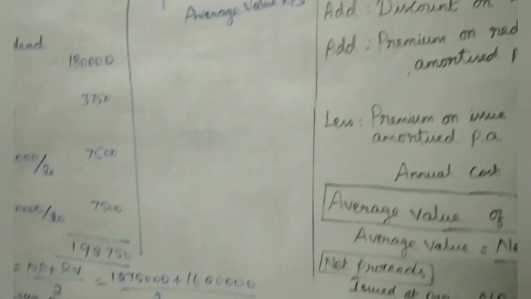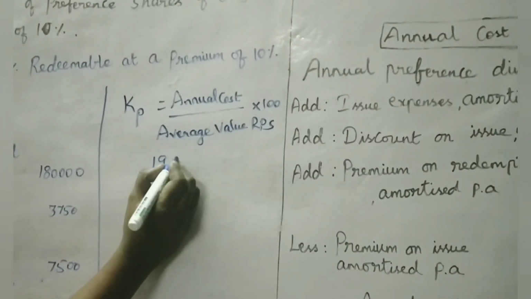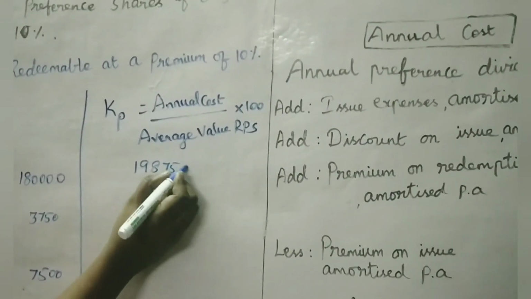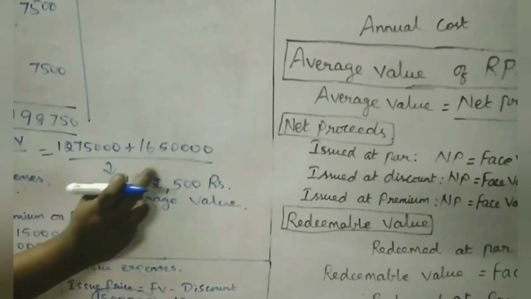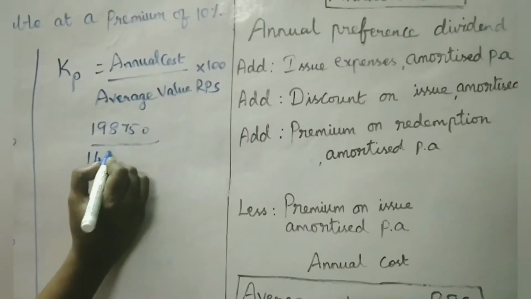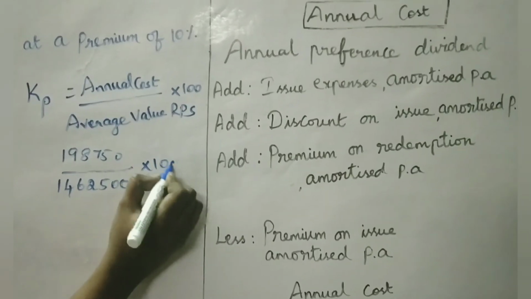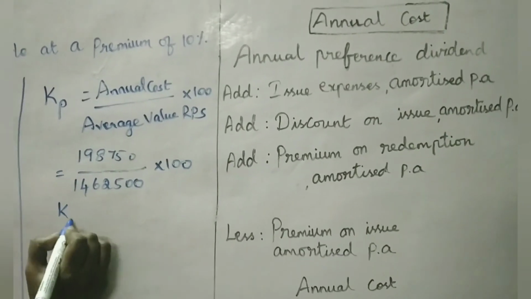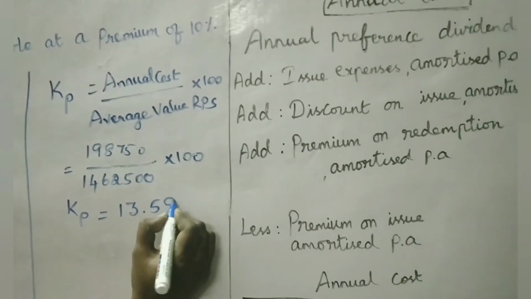Annual cost 1,98,750, divided by average value of redeemable preference shares 14,62,500, into 100. Cost of preference shares is 13.59%.